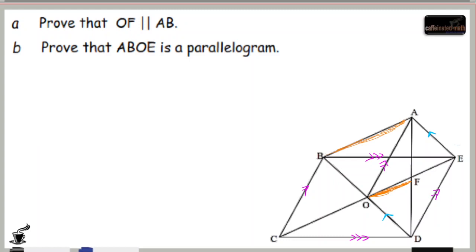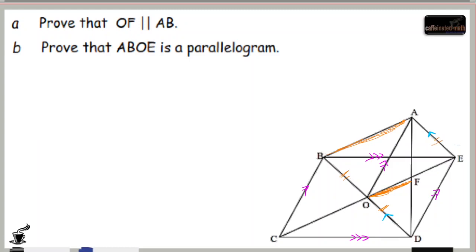Let's see how we shall accomplish this. Well, we do have that OB is equal to OD. Let's see if we can follow this. And then OD is also equal to AE, right over there.